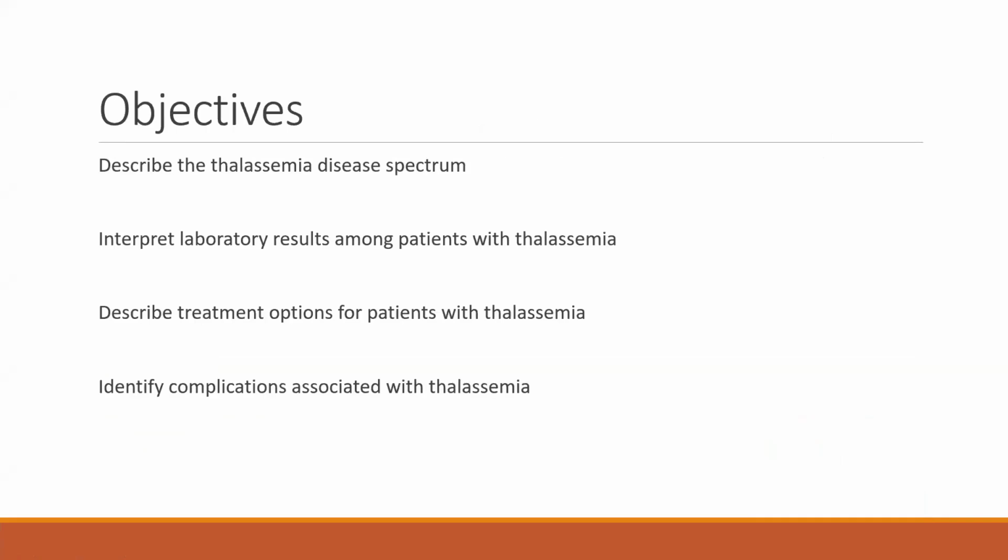Briefly, the objectives: describing the thalassemia spectrum, being able to interpret laboratory results among patients who have thalassemia and being able to differentiate among those who don't, to describe various treatment options for patients and knowing who may need, who doesn't need, and what types of therapies are available. And then to identify patients who might develop complications as a result of their diagnosis, as well as some of the treatments that they receive.